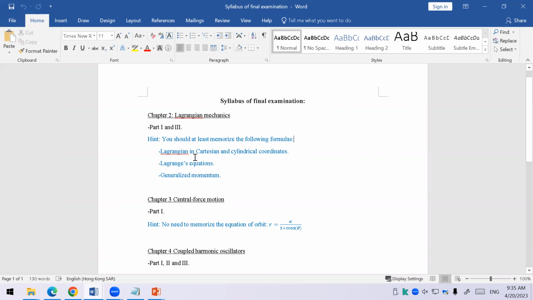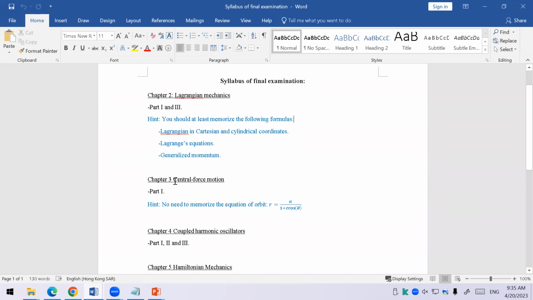And then chapter 3, central force motion. I'll only test you part 1. That's about the basic properties of the motions of elliptical orbits or other kinds of orbits. You won't see part 2 and part 3.